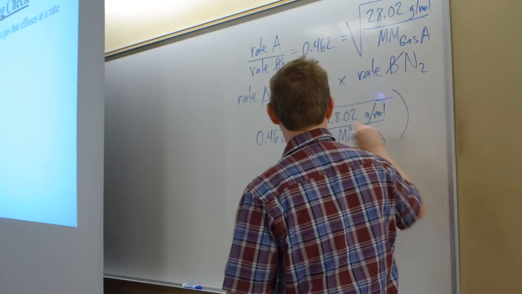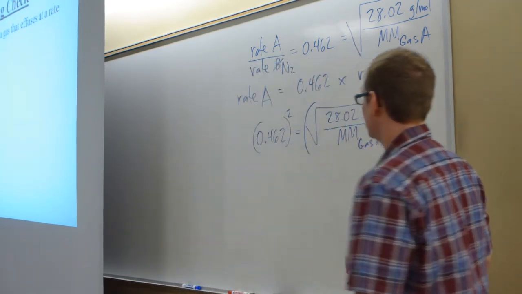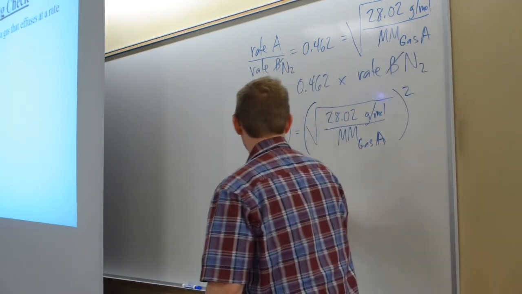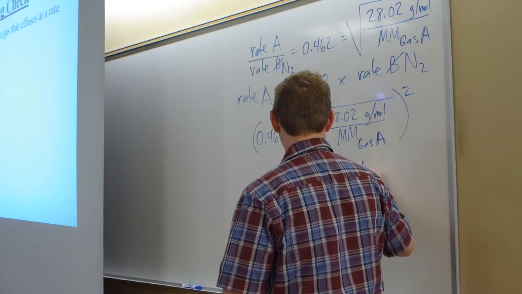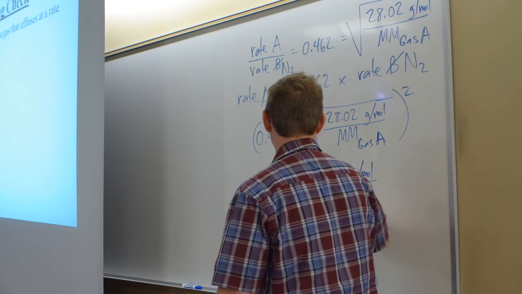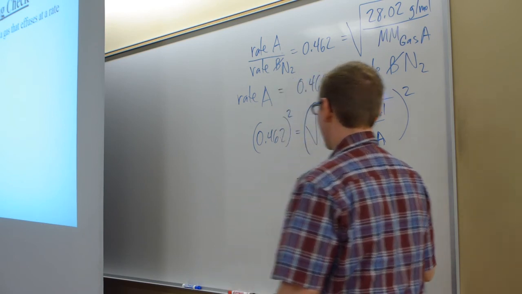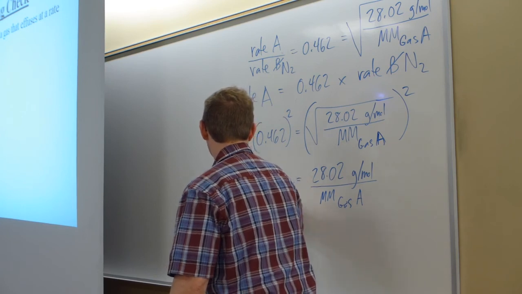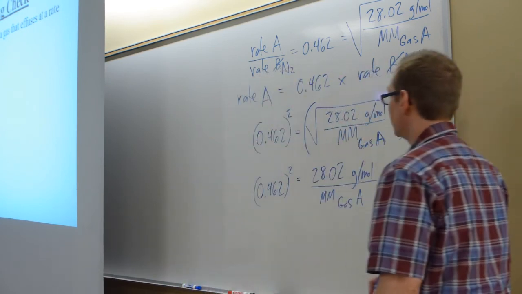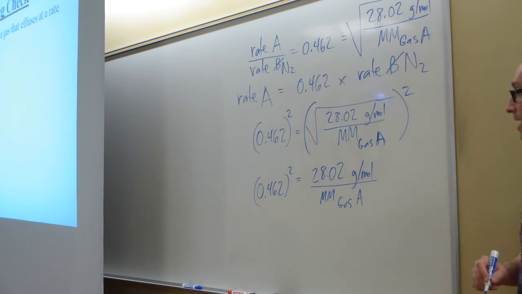So we square both sides, and what that gets us is 28.02 grams per mole divided by the molar mass of gas A, equal to 0.462 squared. And now it gets pretty easy, right? Now the algebra looks real easy.